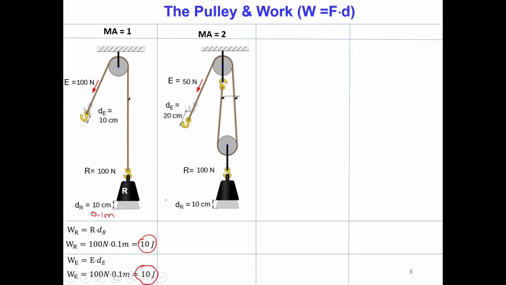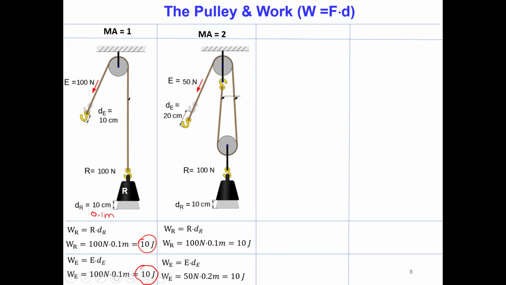We want to move the resistance 10 centimeters, but we need to pull the rope 20 centimeters to move it 10 centimeters. If we calculate the work done by each of these forces, by the resistance and the effort, nothing changed because we have exactly the same situation in both. Yes, we have 10 joules. Let's see what happened with the work done by the effort.